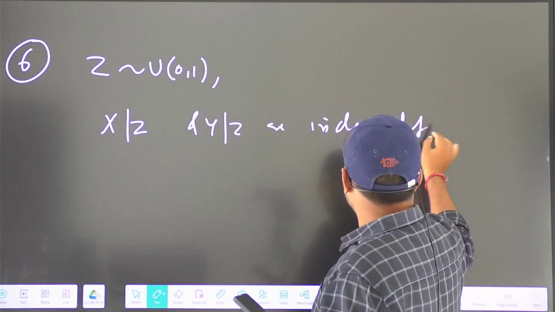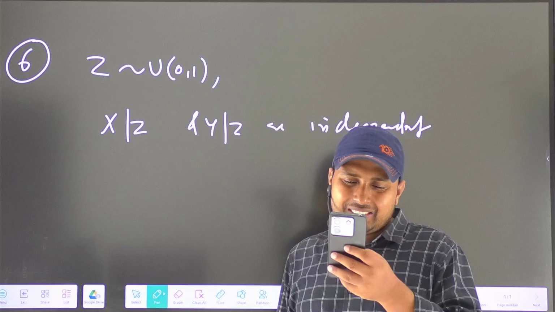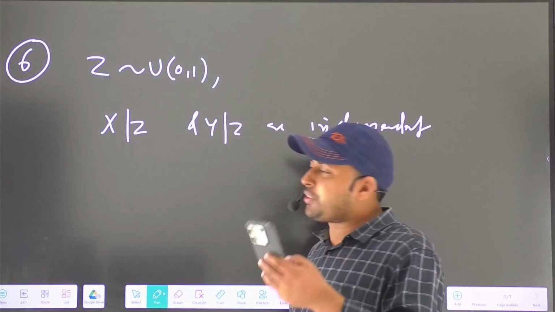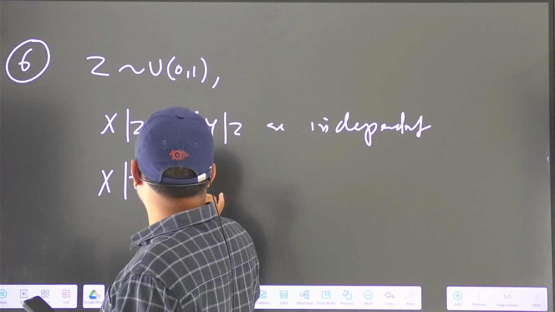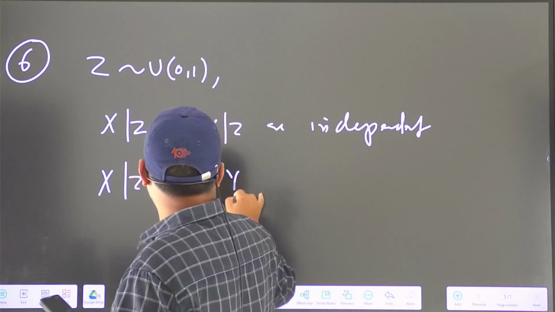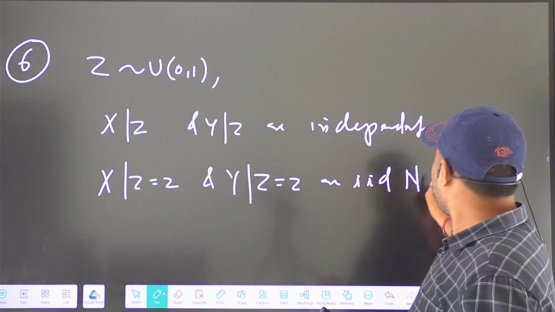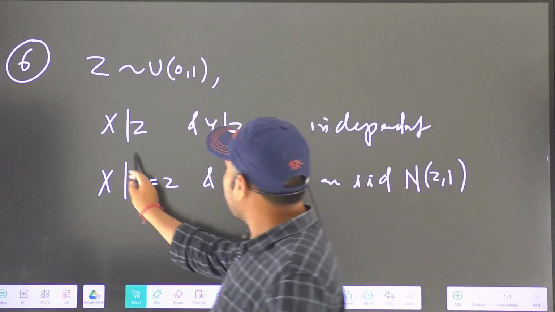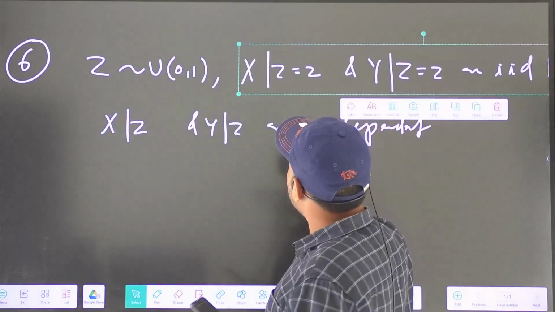Also, X given Z equal to z and Y given Z equal to z are IID normal(z, 1). They have given you this. And Z is uniform (0, 1).